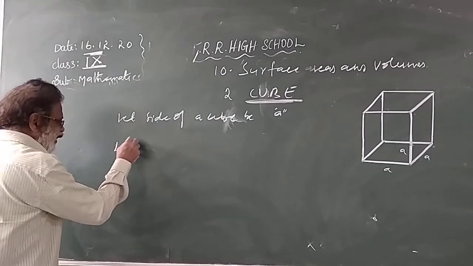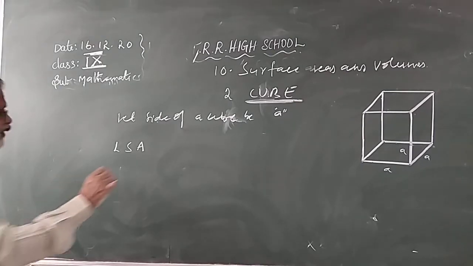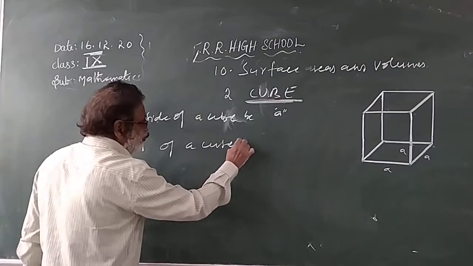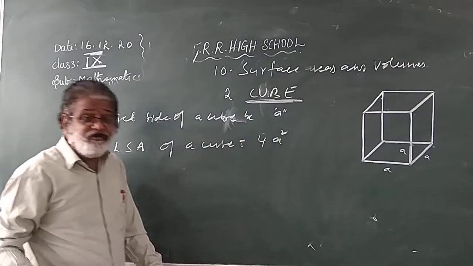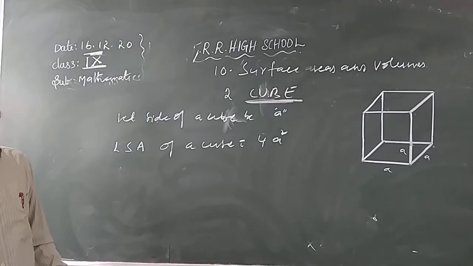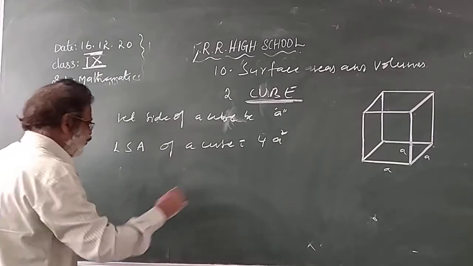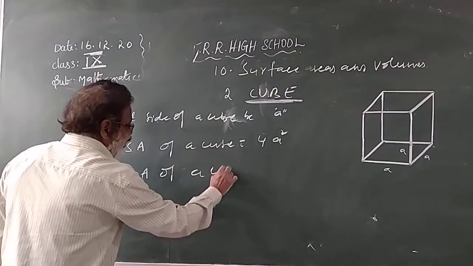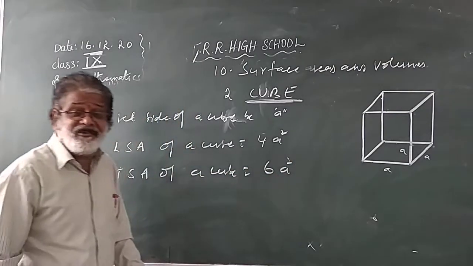Let us write LSA. LSA means lateral surface area. LSA of a cube whose side is A is 4A square, that is 4 times side square, in square units. Next, TSA of a cube is equal to 6A square, 6 into side square.